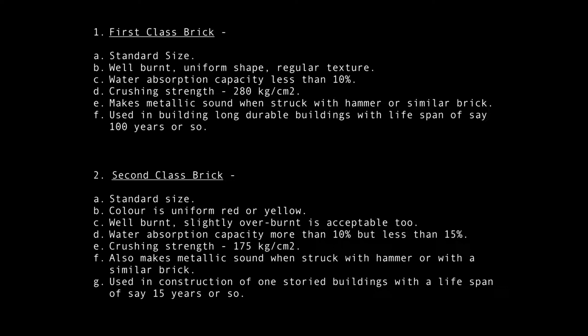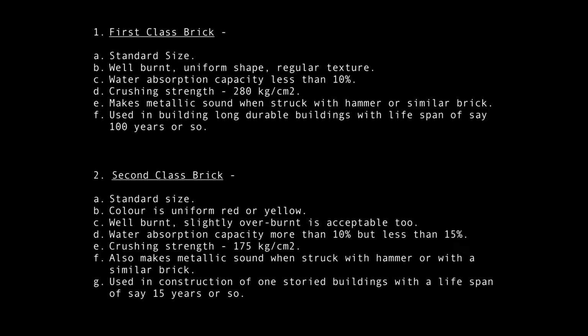Okay, so another category is a second class brick, which is also of standard size. There is a little decoloration. The color has to be uniform red and yellow, but practically you will find second class bricks have a little decoloration. And these bricks again are also well burnt, and slightly overburnt bricks are acceptable too.